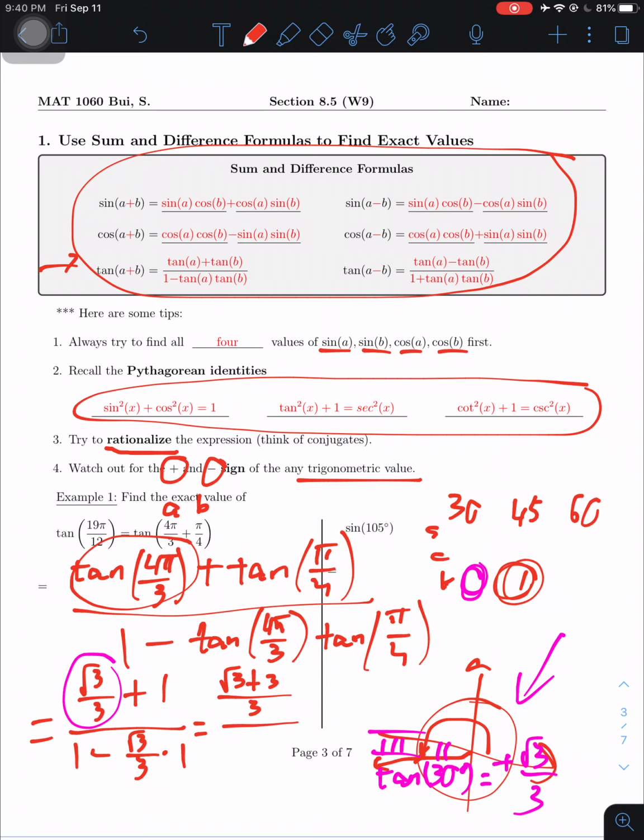For the bottom in here, square root of 3 over 3 times 1 in itself, and then again, I'm gonna get the common denominator. So it's gonna look like this, okay? And because we have 2 3's in here, we're gonna go ahead and cancel them. So the final answer could look like square root of 3 plus 3 divided by 3 minus square root of 3. Okay, so this could have been your final answer, okay?